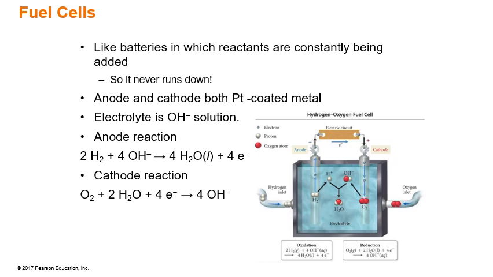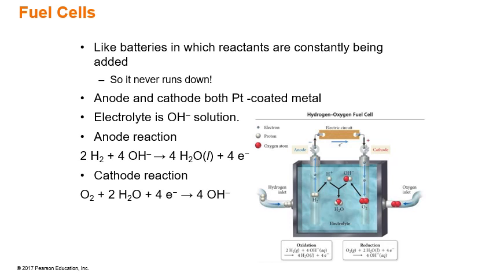So at the anode, what is happening is we are taking hydrogen gas in a basic solution, and it produces water and our electrons. The cathode reaction is oxygen plus water, and we add those electrons back in to get our hydroxide.